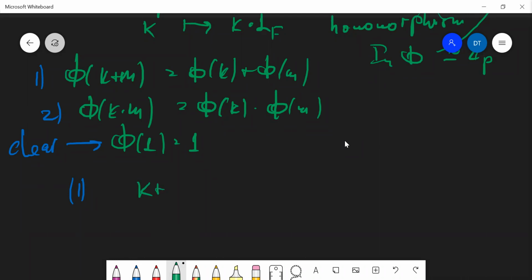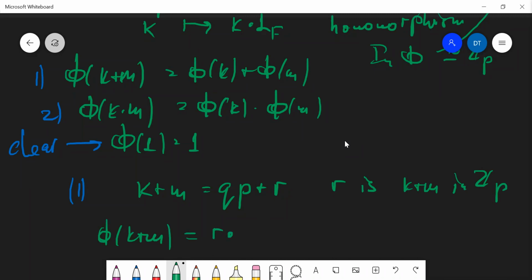So you consider the sum of integers, and you represent it in a form like this, where R is the result of the sum in ZP. So R is K plus M in ZP. And now you apply the map phi. So phi of K plus M is equal to R times 1 of F. This is the definition of the left-hand side.